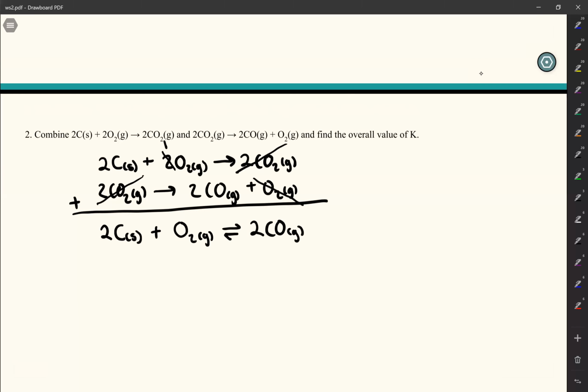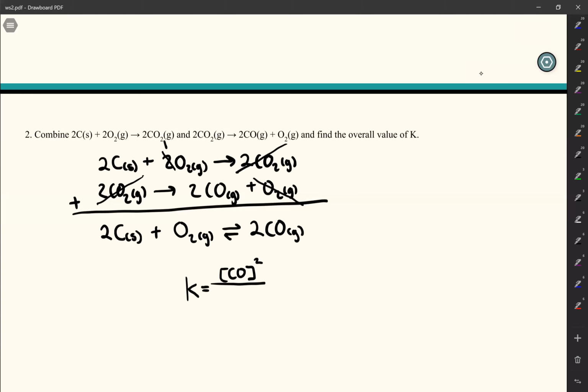So in order to write the K equation for this, we're going to put the products over the reactants. The product being concentration of CO, and this is raised to the 2nd power because of its coefficient. Then on the bottom, we have solid carbon and gaseous oxygen. Remember that the concentrations of solids and liquids are constant.